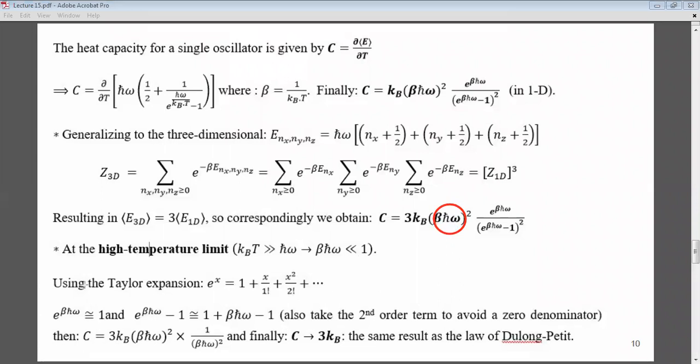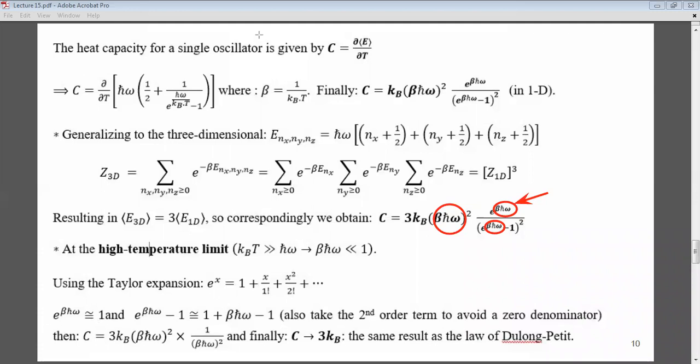So what is e to the x? e to the x is 1 plus x over 1 factorial plus x squared over 2 factorial plus x cubed over 3 factorial, etc. For a very small value of x, e to the beta h bar omega, in the numerator, can be only 1.